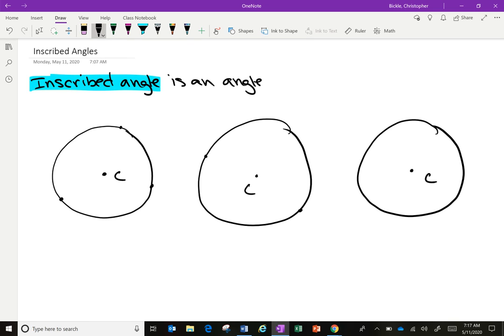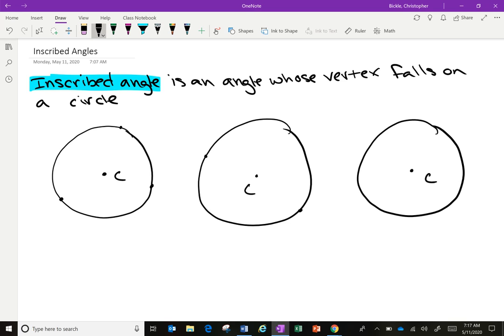So with a circle, when we're talking about inscribed angles, an inscribed angle is an angle whose vertex falls on a circle. Now, when we say that its vertex falls on a circle, remember the vertex is the point where the two rays or the two endpoints meet.